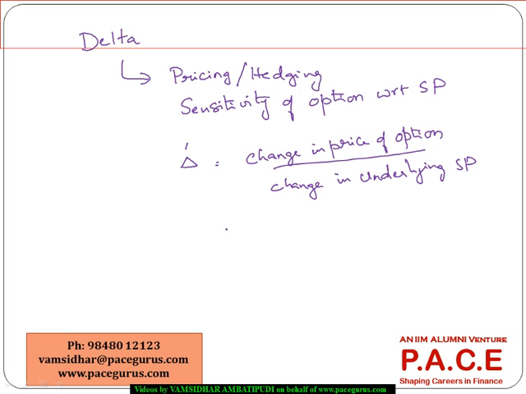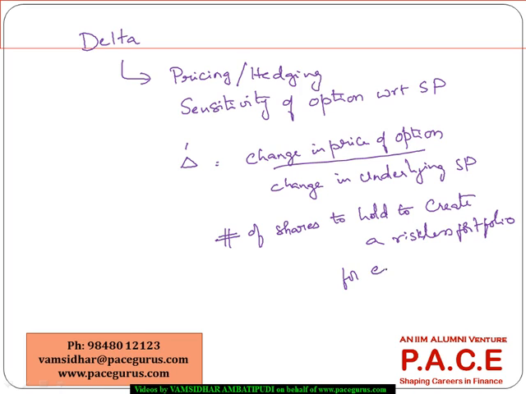It's also similar to the number of shares that I need to hold to create a riskless portfolio for each option held, either call option shorted or put option long.